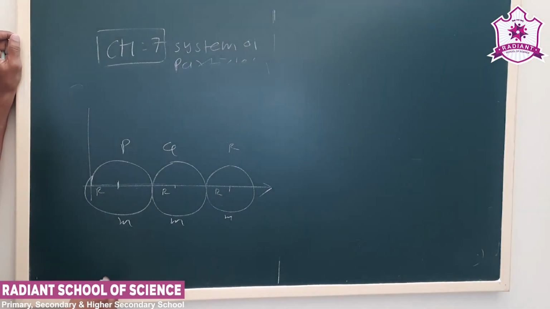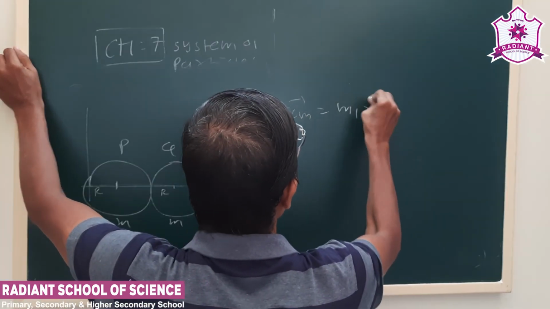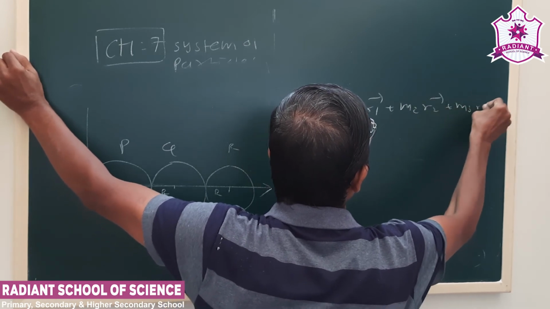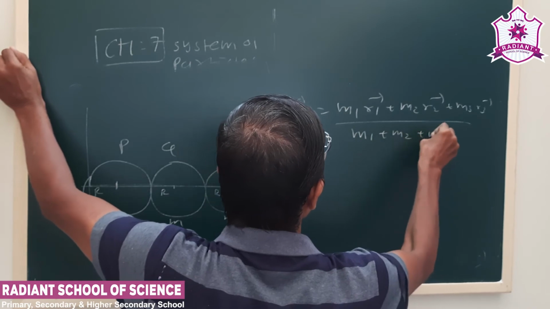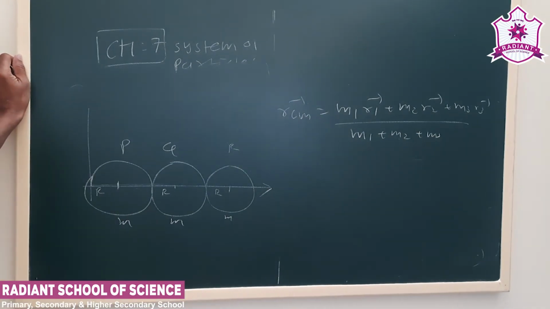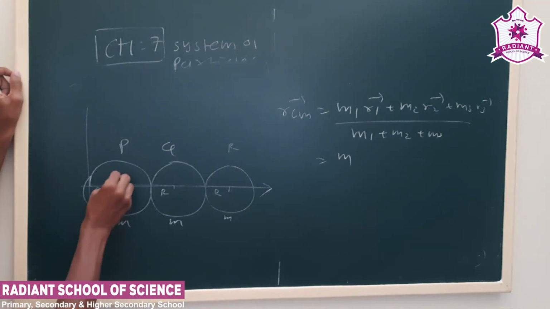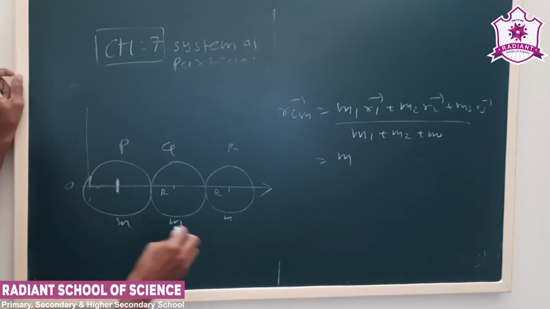Now see, three particle system, RCM will be m1 r1 plus m2 r2 plus m3 r3. The center of mass of the sphere will be at the geometric center, so distance from the origin will be r.